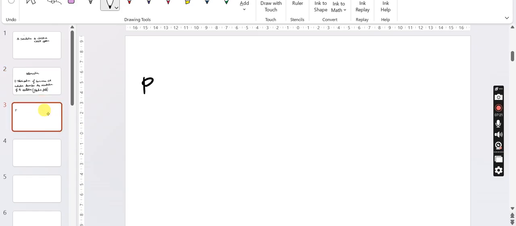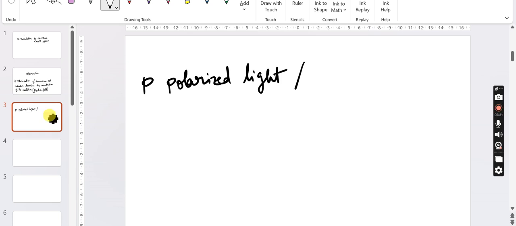So we just say what is polarized and not polarized.